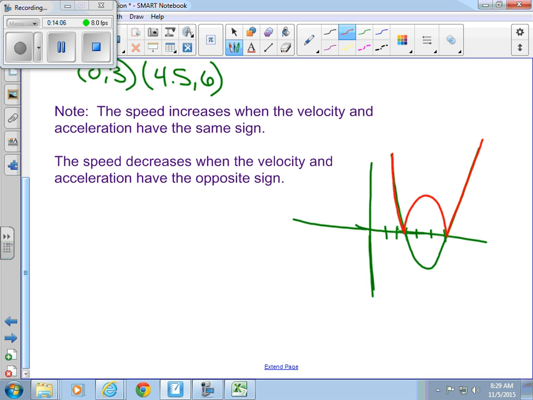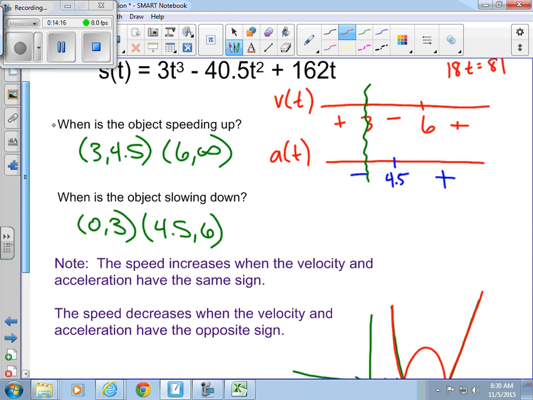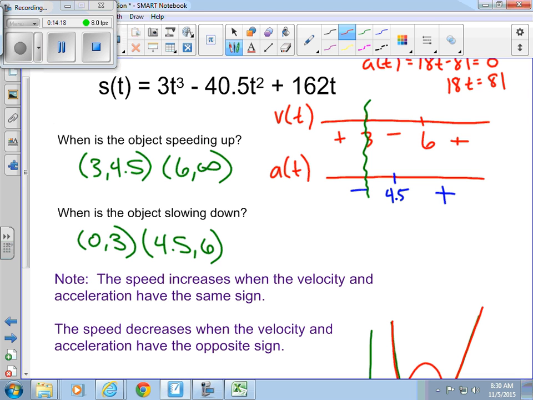They wouldn't grade sign charts, but since we're just trying to figure out the answer. Now, your justification here, they won't grade the sign chart. This was just an answer, but if they did say justify, you would say because velocity and acceleration are the same sign. And that they would grade that. Or they have a different sign. Right. So they won't actually look at your sign chart.